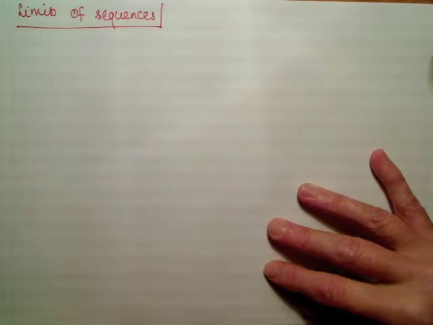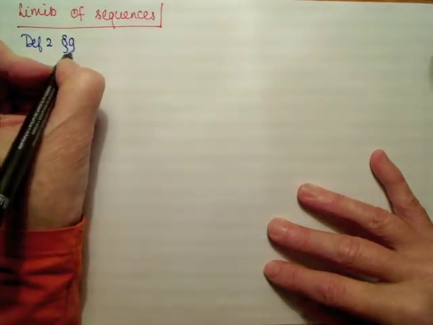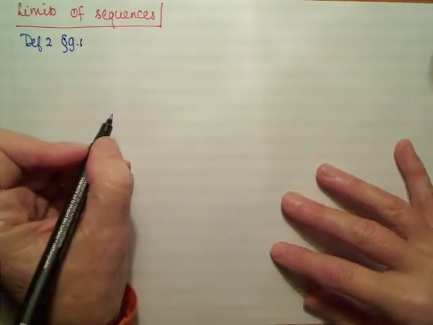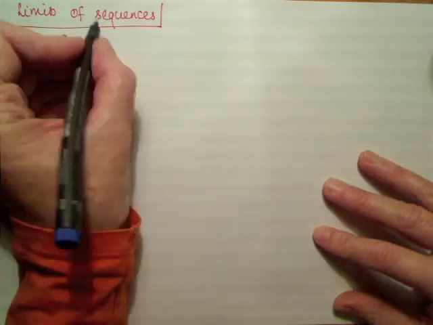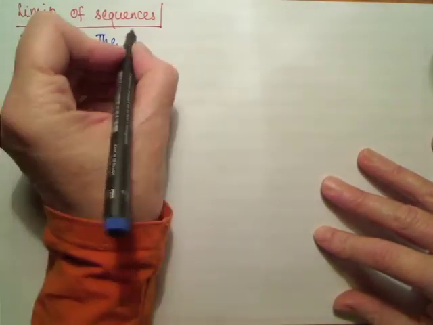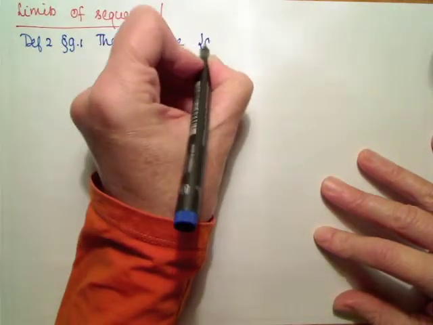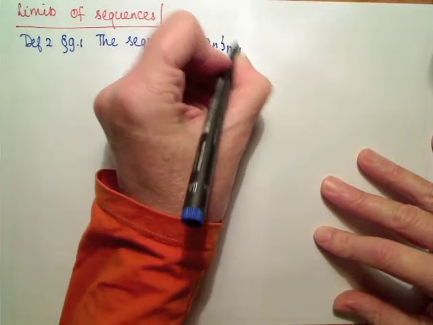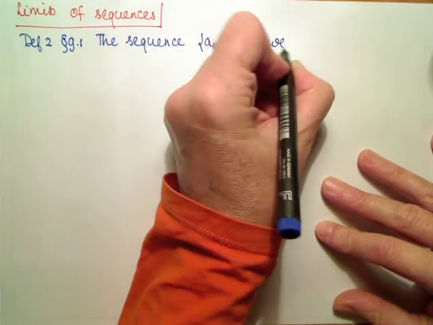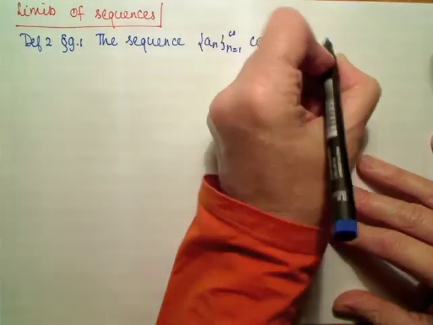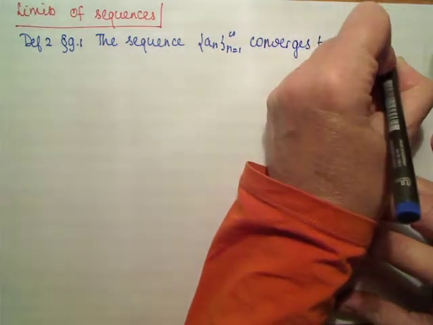And this is in fact definition 2 of the book, section 9.1. We formulate it a little bit less mathematically. So let us consider a sequence of numbers an, and we say that it converges to the number L if the following happens.